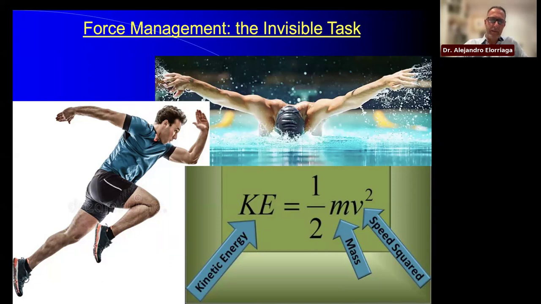And this is very simple. It starts with a physics formula, the formula of kinetic energy. Kinetic energy is energy associated with movement, and it has to do with two of the physical dimensions of things that could move, which are the mass, m, and the velocity of movement.